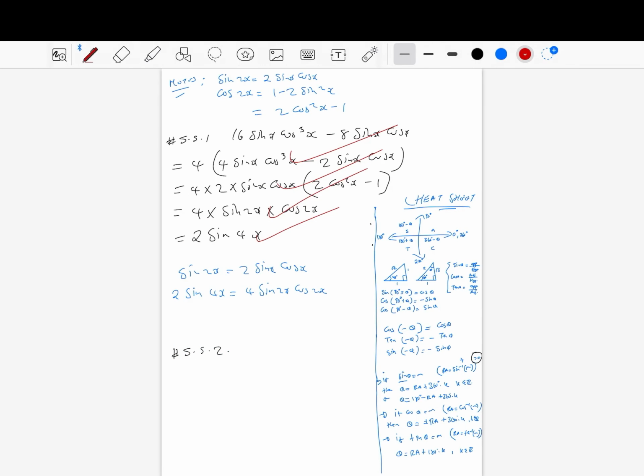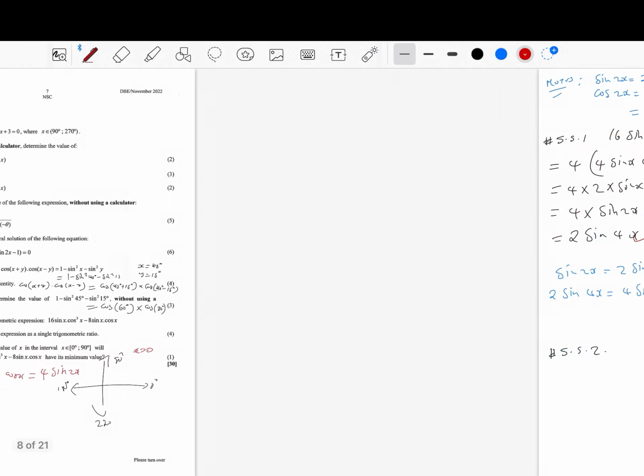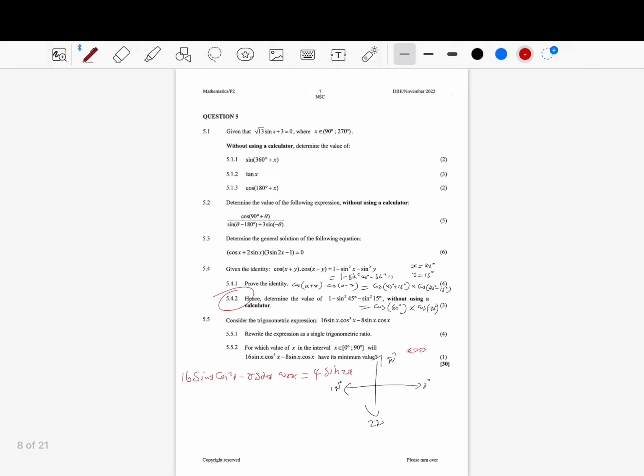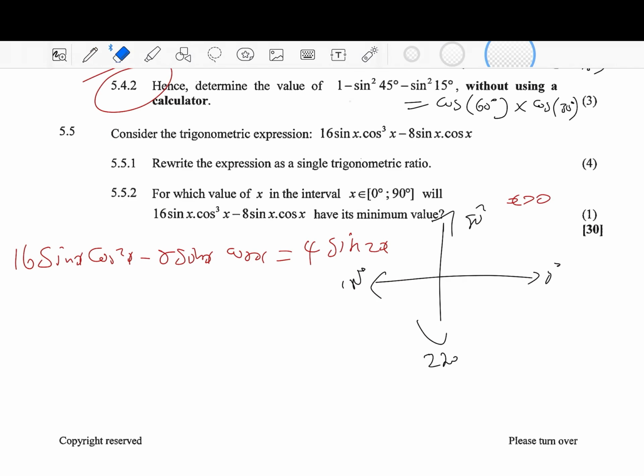Yes, it is 2. It is 2 sine 4x. That's what you have. Why am I writing 4? Excuse me. So this is 2 sine 4x.